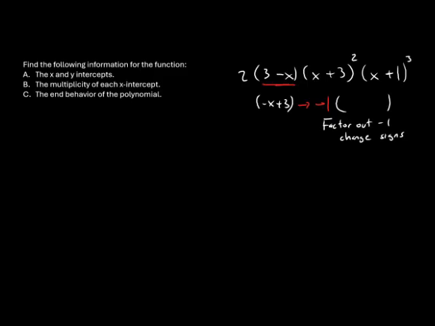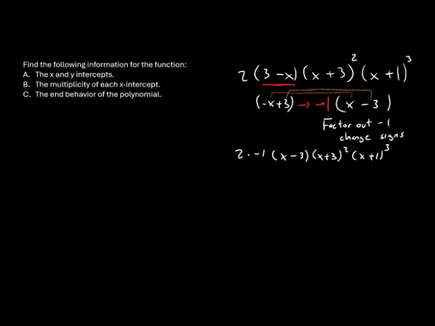Therefore, we can rewrite this as negative 1 times (x minus 3), because the negative x changes to x, and the positive 3 changes to negative 3. With this in mind, we can rewrite our polynomial as 2 times negative 1 times (x minus 3) times (x plus 3) squared times (x plus 1) to the third power.